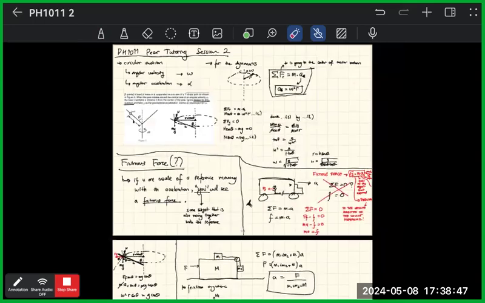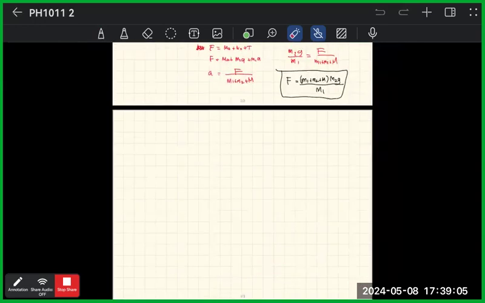Next, we understand enough about the translational dynamics. By translational dynamics I mean that the motion is only sliding or moving in some direction, but we haven't touched on the rotational one.